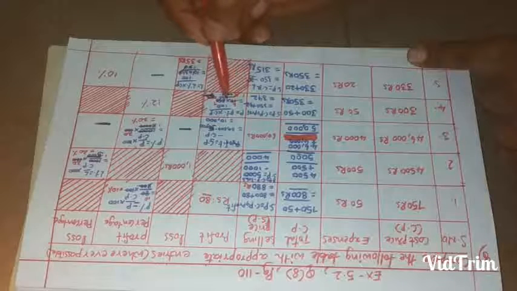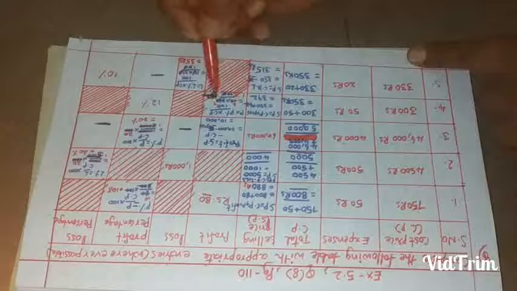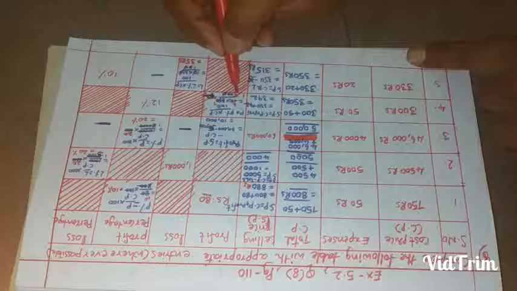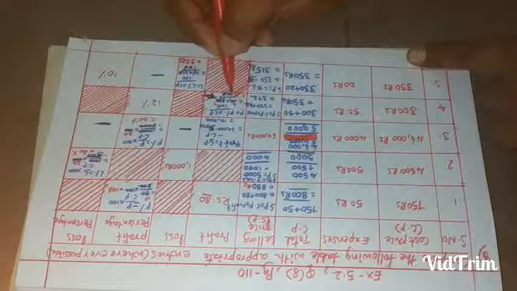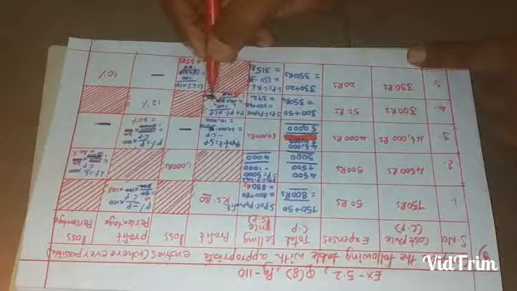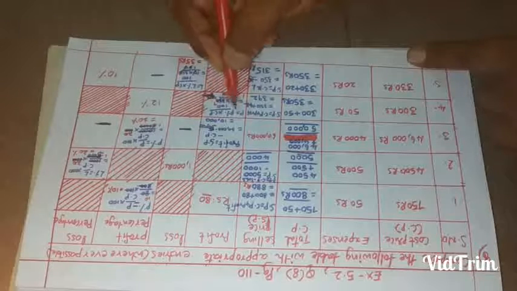Profit is how much? 12 into cost price is how much? 350 by 100. See, in cancellation 0 0 gets cancelled. And here 2 6 ja 12, 2 5 ja 10. 5 1 ja 5, 5 7 ja 35. 6 7 ja 42. 42 is the profit.